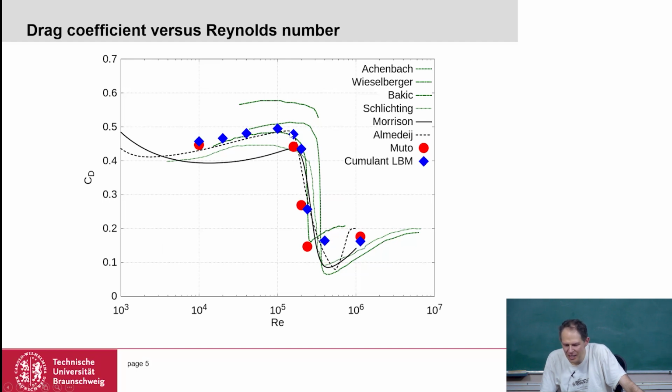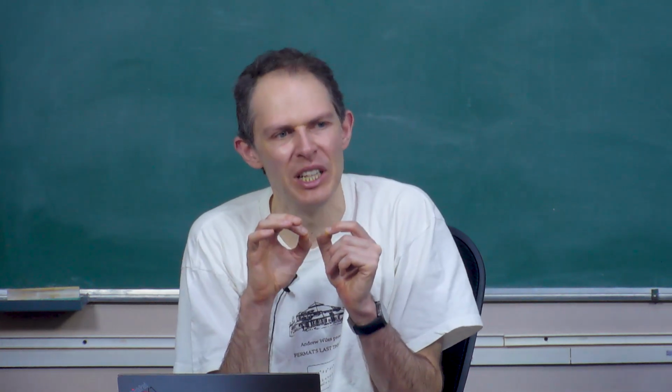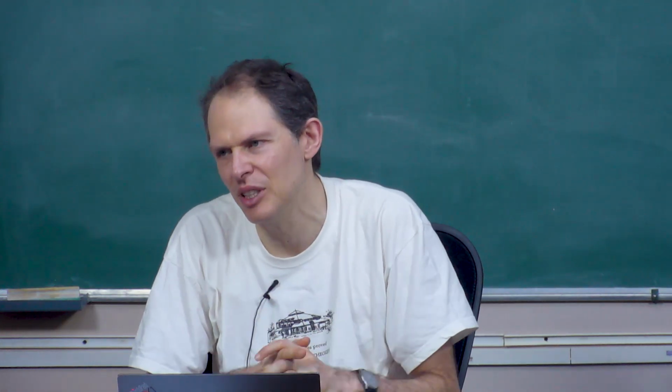So this has a very interesting behavior in a sphere, because if you cross a certain Reynolds number, suddenly this drag coefficient drops down by 80%. And the reason for this is in the boundary layer. So you can capture this only if you have the physics of the boundary layer resolved.